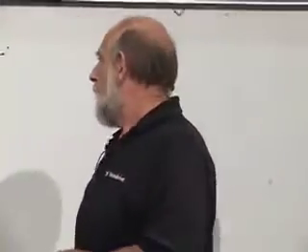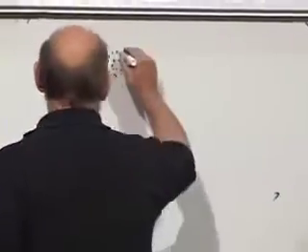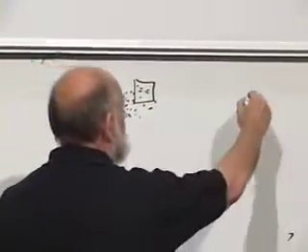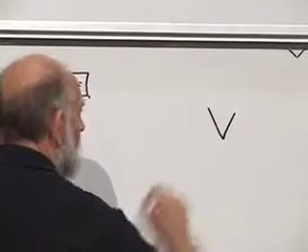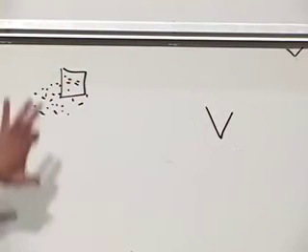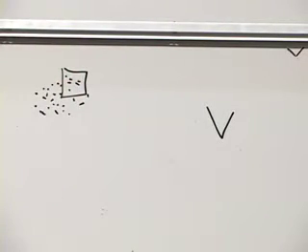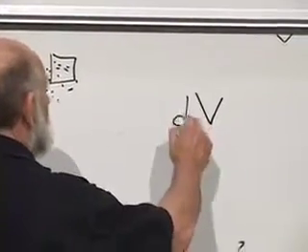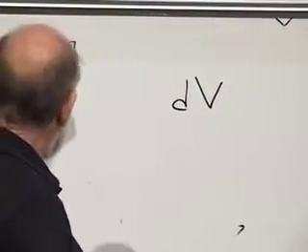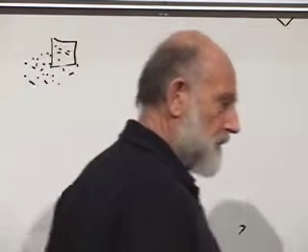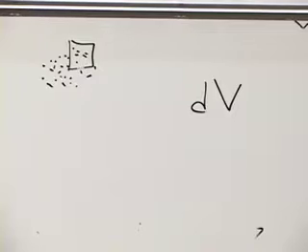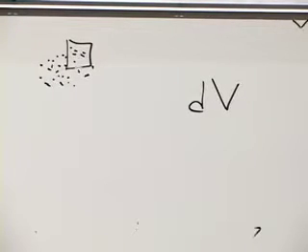Now, you take a little volume of space. Let's call it volume V. Make it a small volume. We're going to think calculus, we're going to think differentially. A small volume of space, let's call it dV, and take the charge in that small volume of space. If the volume of the space is very small and shrunk to smaller and smaller dimensions, of course the charge will also shrink to smaller and smaller dimensions.